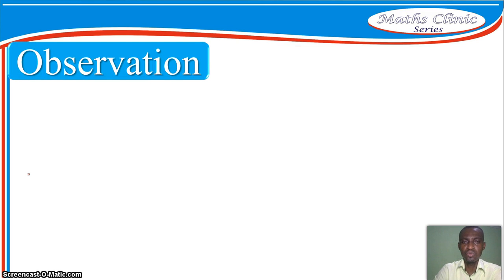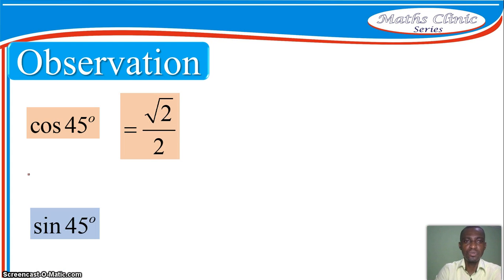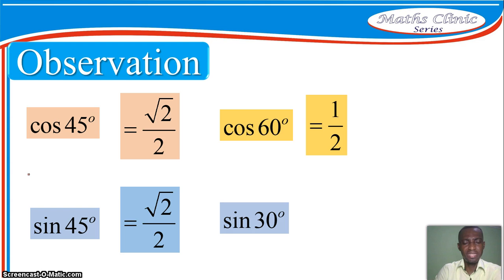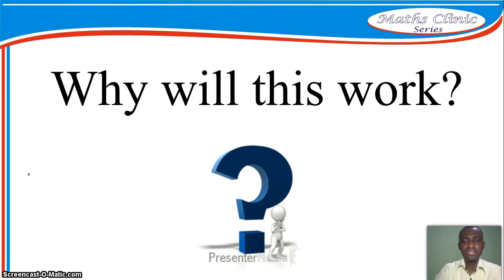The observation I want you to look at. When you solve cos 45, we saw the answer to be root 2 over 2. Sin 45 is the same thing, right? Cos 60 is half, sin 30 also half. Why is this so? The big question is, why is this so?